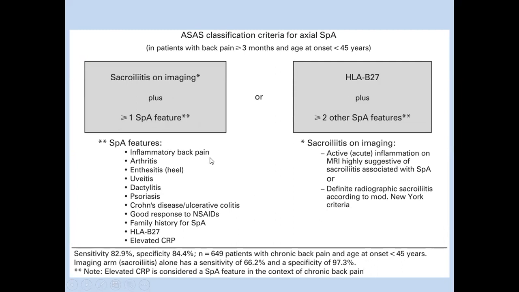So understanding the ASAS criteria for labeling patients with SPA is very important, because at the end of the day, we really need to use the imaging tools we have for the accurate diagnosis, and we don't want to miss sacroiliitis patients. So it's very important that we understand how these patients are managed.